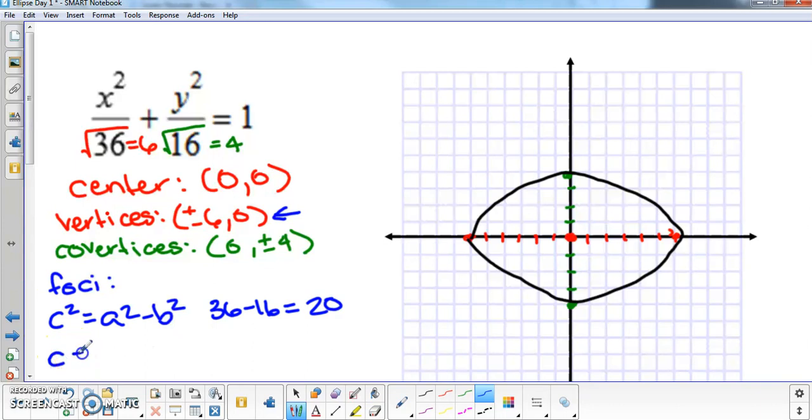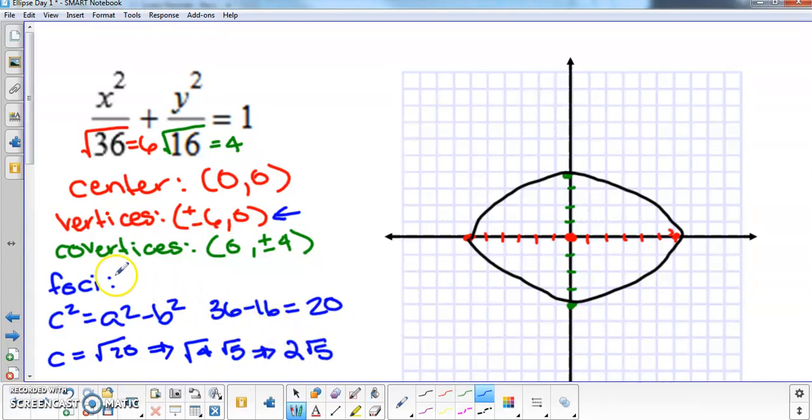So in order to get c, I have the square root of 20, which reduces. The largest and only perfect square that is divisible out of 20 is the square root of 4 and the square root of 5. The square root of 4 is a perfect square that I can reduce down to 2 square root of 5.